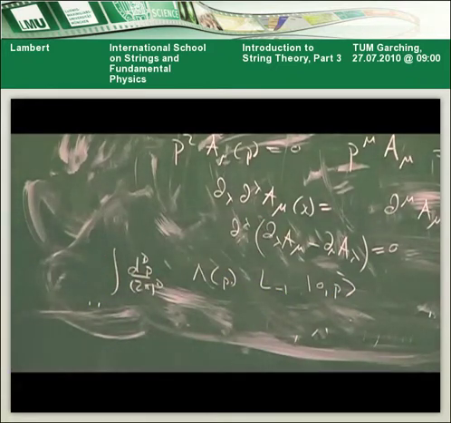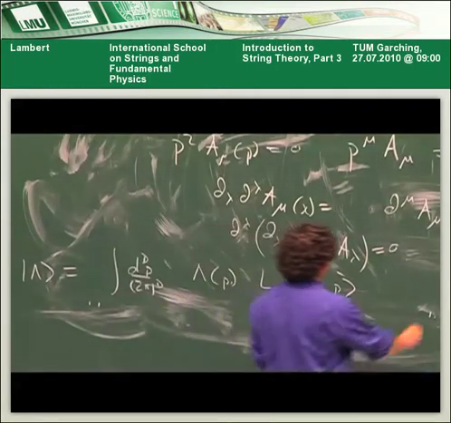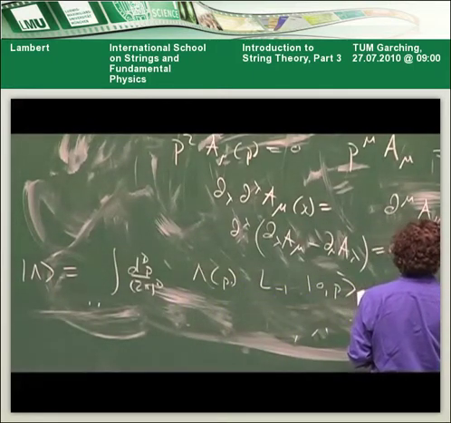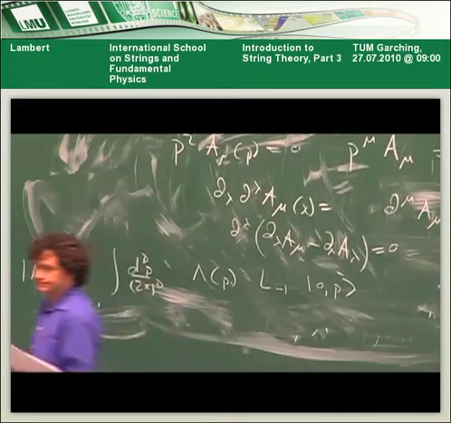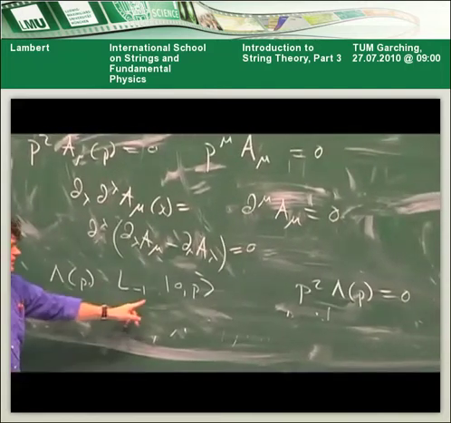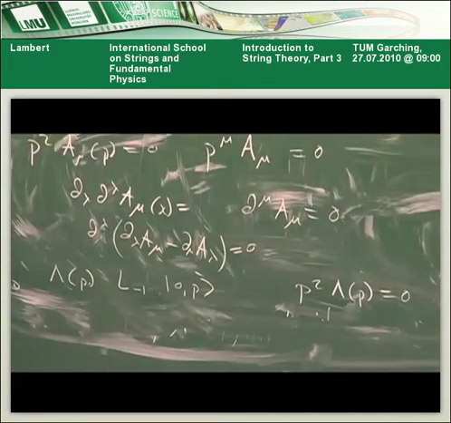This state will be null if, well, what was the condition? It was simply that p squared was 0. So you have that condition. If you work out what this is, maybe we can just do that briefly.